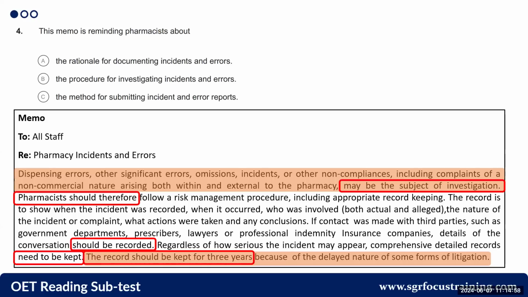The last sentence tells us how many years the record must be kept, and that is for 3 years. And then we have the connector because, that tells us the reason why it is to be kept for 3 years, and the reason being the delayed nature of some forms of litigation.